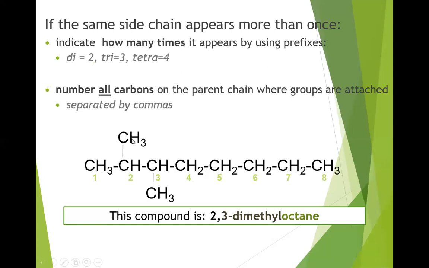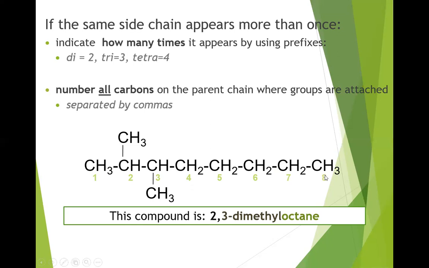Now, look at this critical example. What could be the parent chain in this compound? It's clear. We have carbon number 1, carbon 2, carbon 3, carbon 4, carbon 5, carbon 6, carbon 7, carbon 8. Why do we have to start numbering from the first carbon on the left? The reason is because the branches are closest to this left side of the chain, and so that's why we're numbering from that part of the chain.